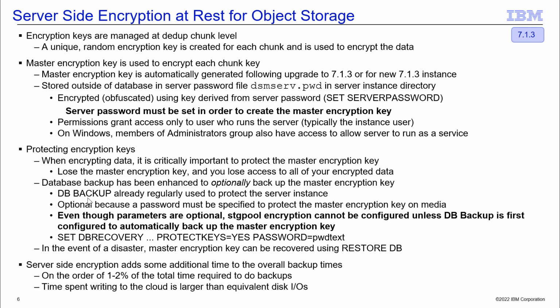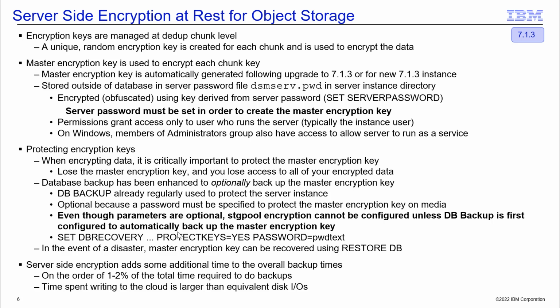The database backup command for your metadata catalog will optionally back up that master encryption key if it's version 7.13 to 8.1.1. And you should have issued set dbrecovery with protectkeys equals yes, password equals, and then your server password, in order to even enable encryption in the first place.